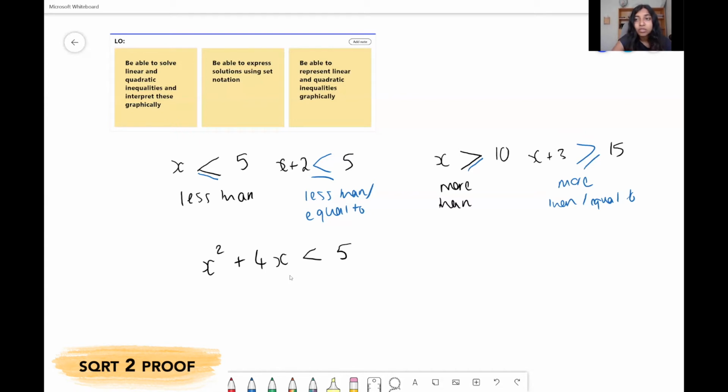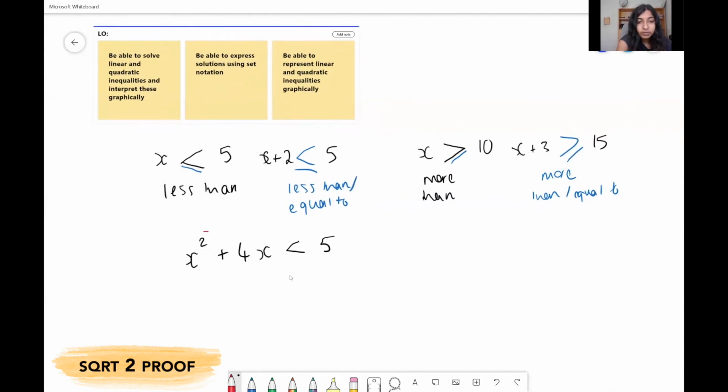That would be called a quadratic inequality. Whenever you have x squared in it, just remember quadratic. And if it's just an x, like the ones I put over here, they're linear inequalities. So that's an overview of what inequalities are.